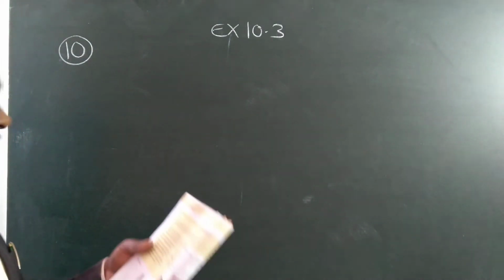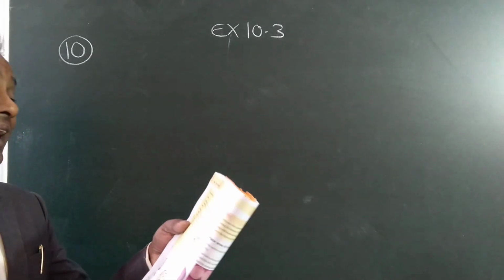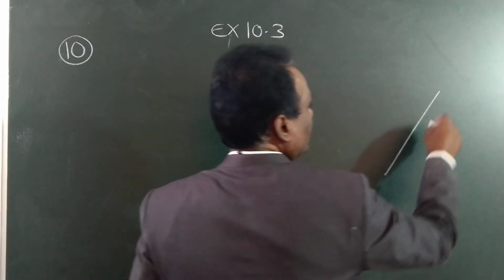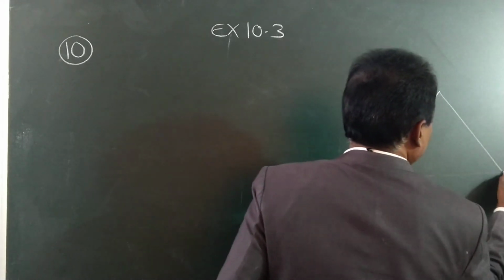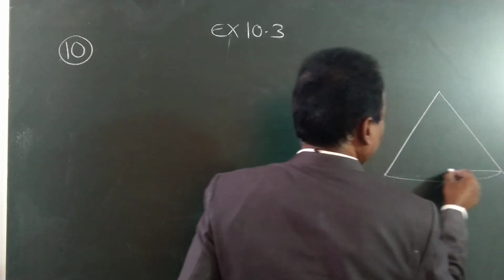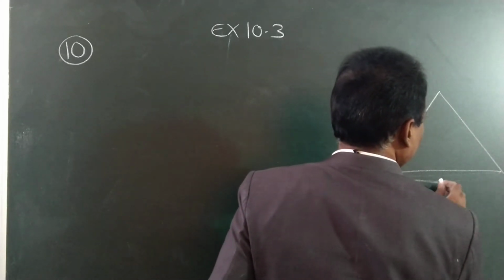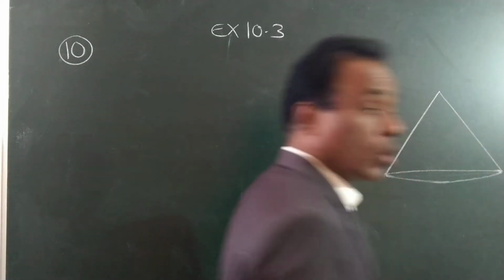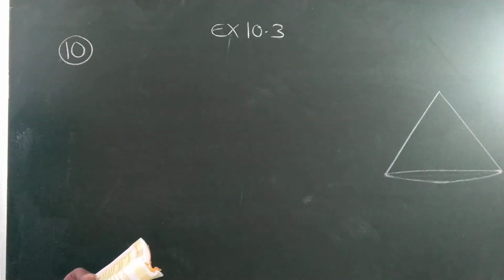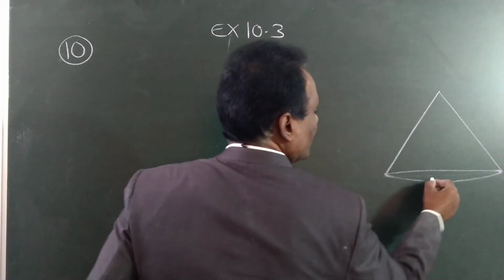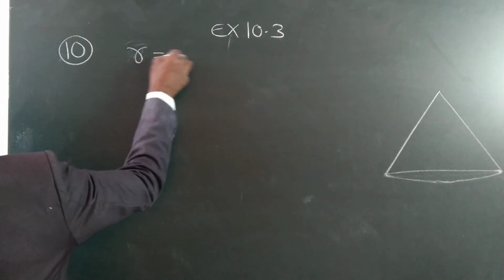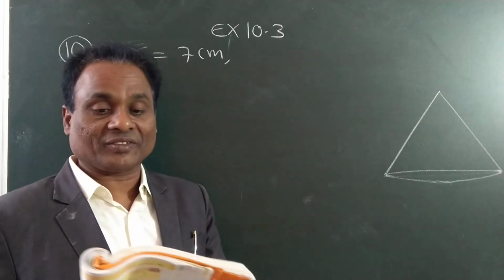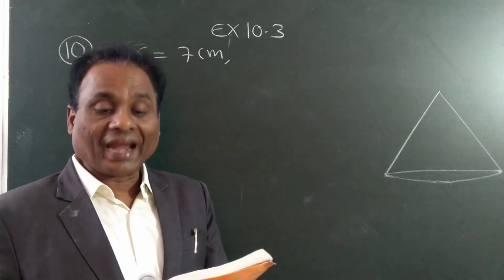See students, 10th question, read the question. A joker's cap is in the form of a cone of base radius 7 and height 27.